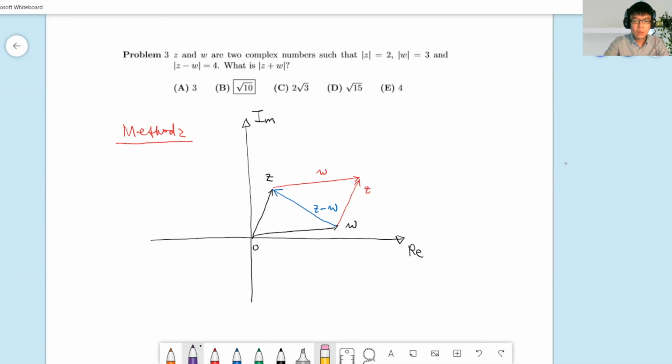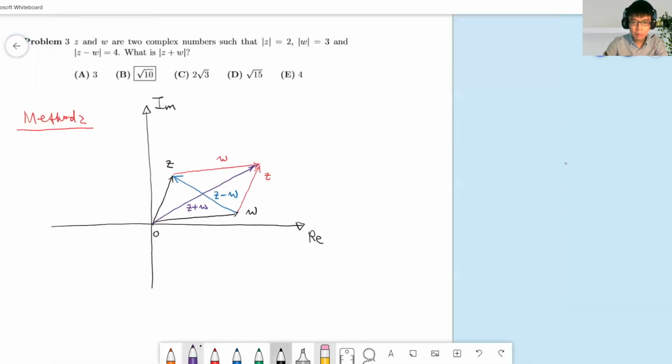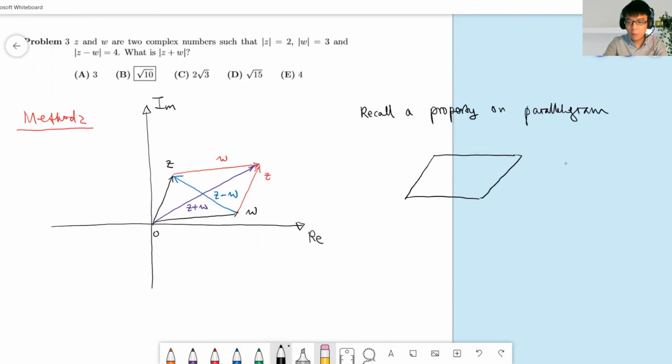Right? So here we recall a property on parallelogram. If we have a parallelogram, let's call it ABCD, we have the following property.